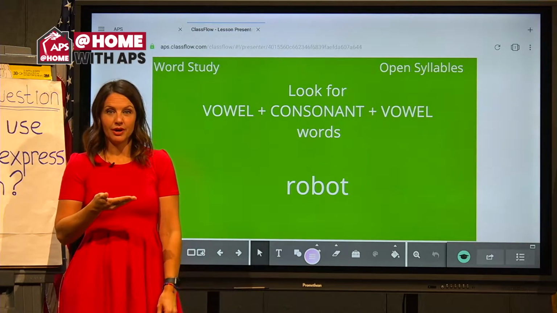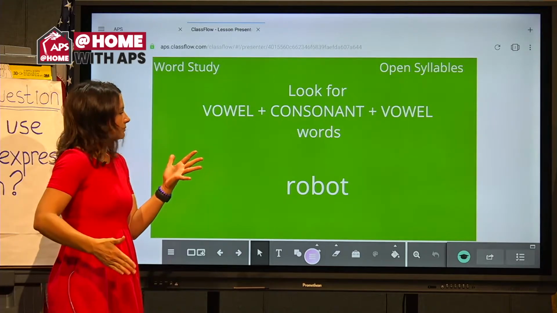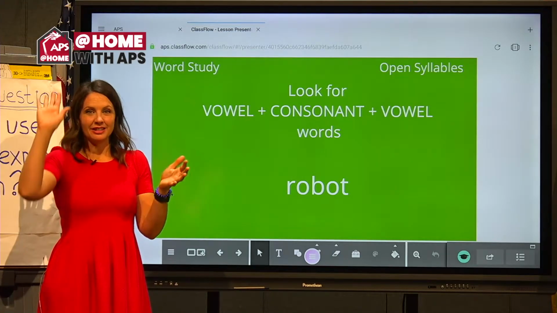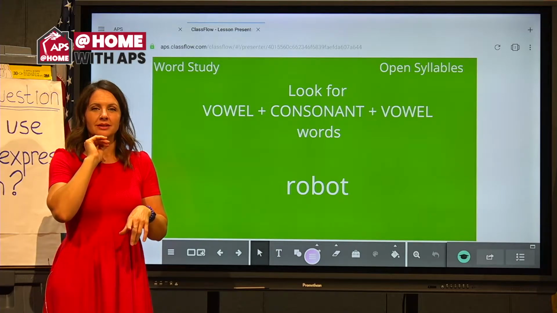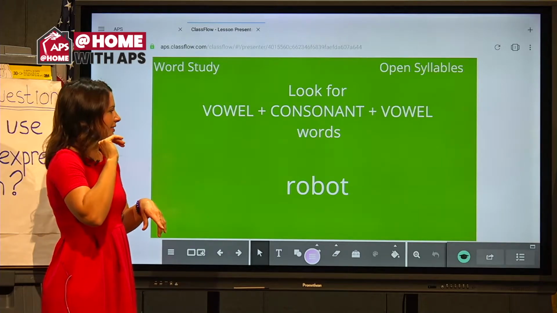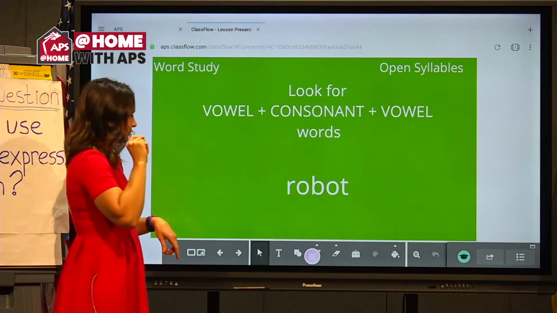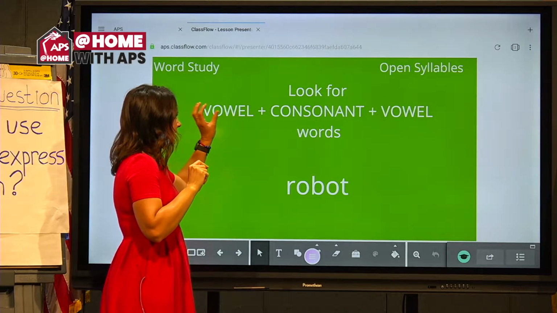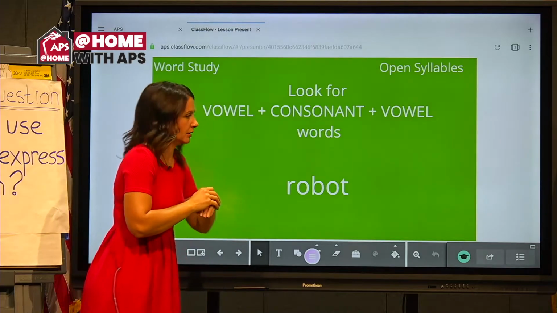Let's try this word. Robot. Let's put our hand below our chin and say robot. Say it louder. Robot. I hear two syllables. Now, this has the vowel, consonant, vowel pattern.